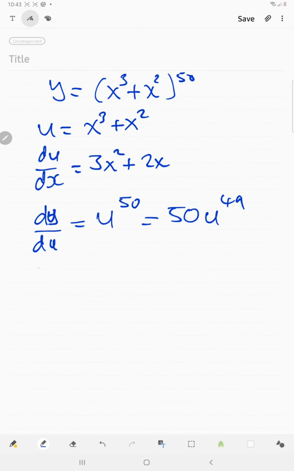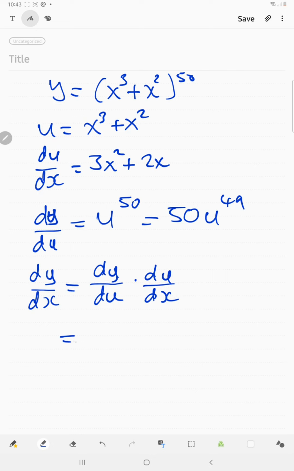Therefore, the final one: dy/dx is equal to dy/du multiplied by du/dx, which is equal to 50 u to the power 49 multiplied by 3x squared plus 2x.